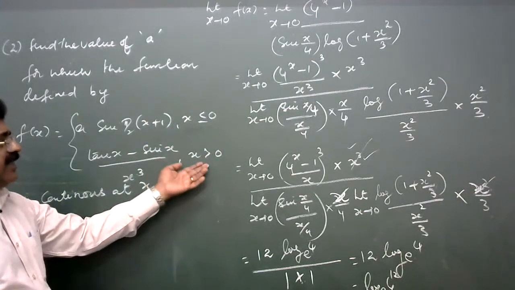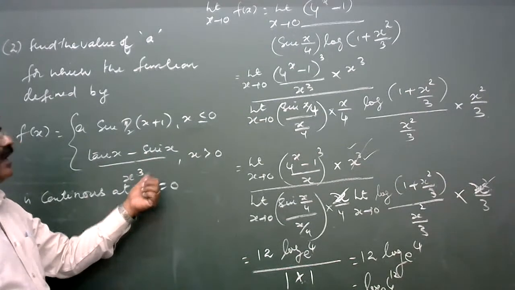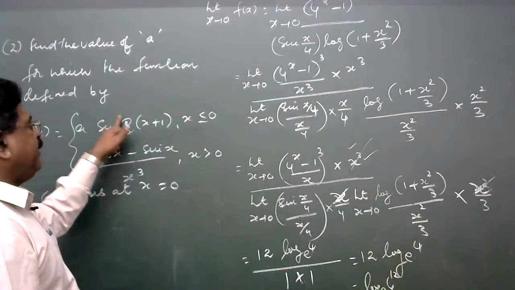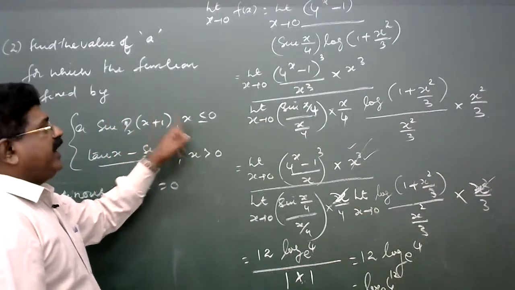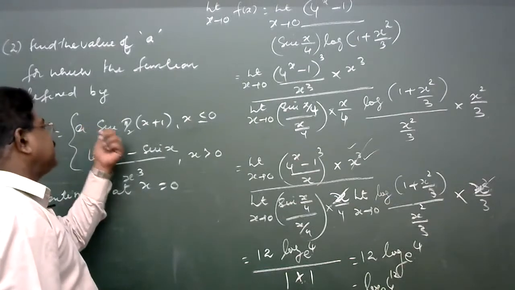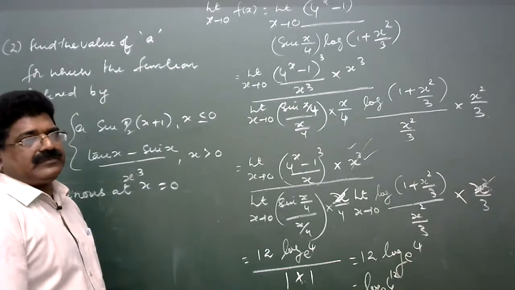So x is greater than 0 means 0 plus, tan x minus sin x upon x to the power 3. And when x is equal to 0, the function is a into sine pi by 2 x plus 1. When x is less than 0, the same function is a sine pi by 2 x plus 1. Clear?